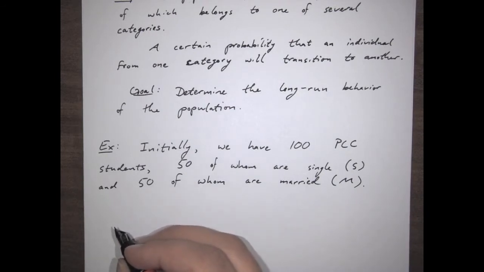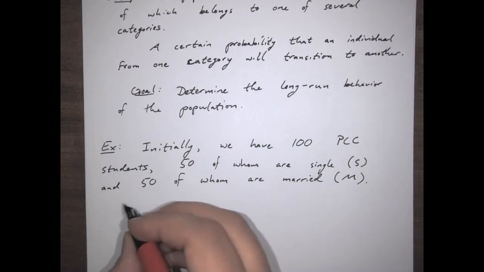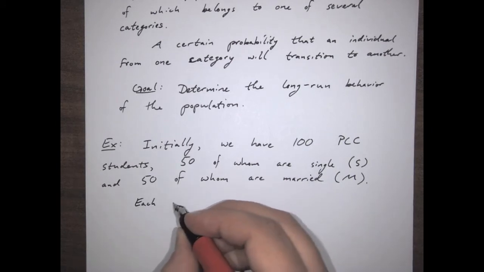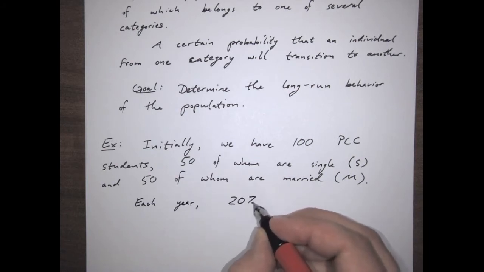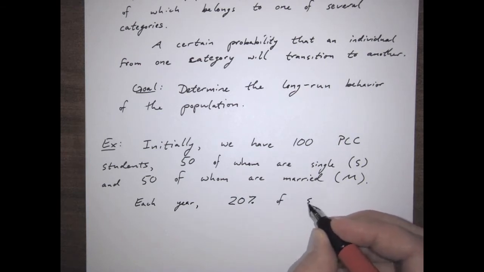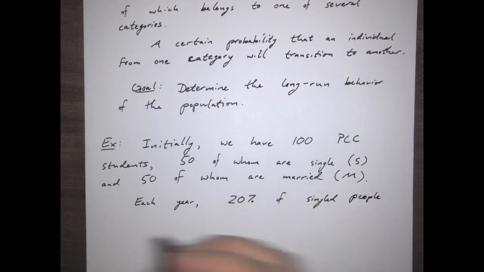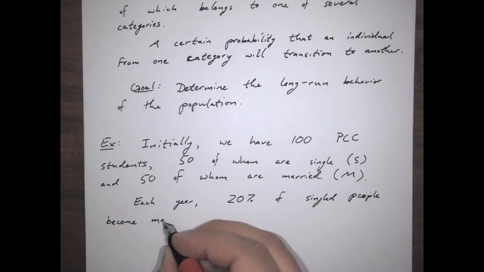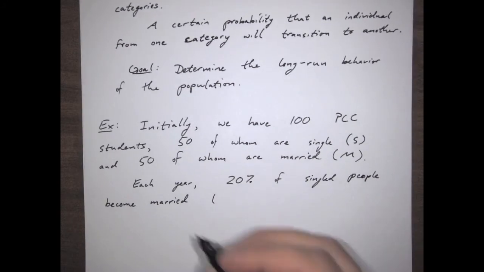And then let's say that out of the single people, each cycle, let's say each year, 20% of single people, by which I mean students, become married, implying then that also 80% stay single.